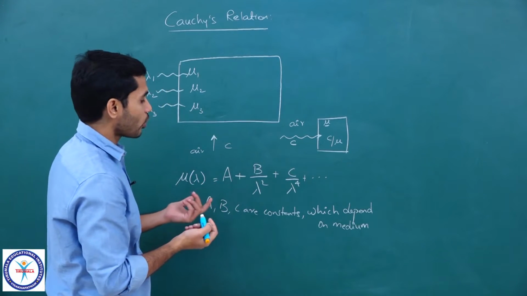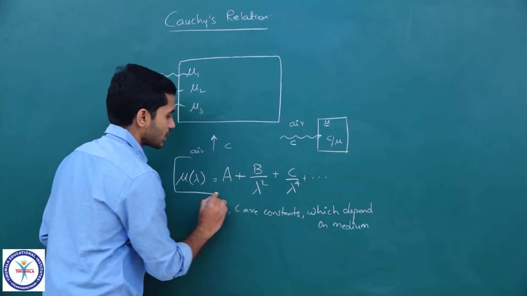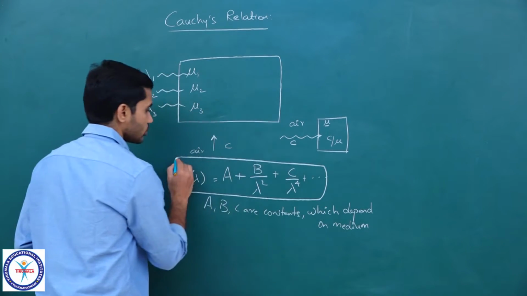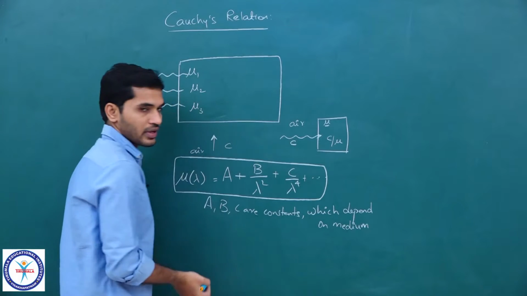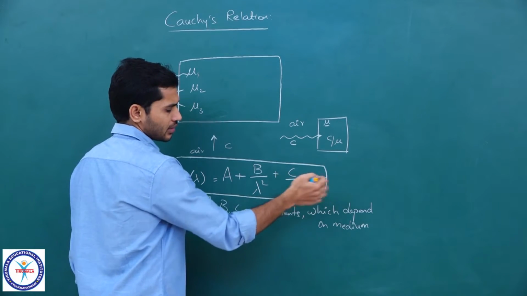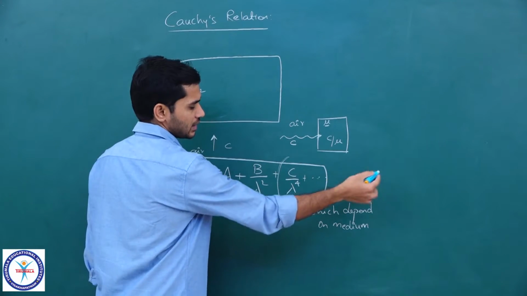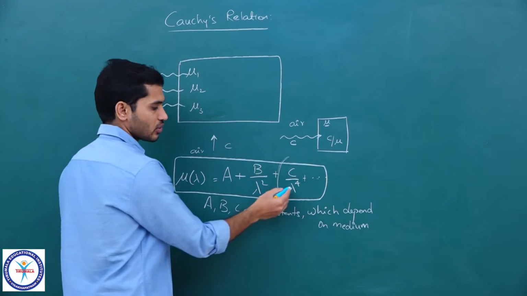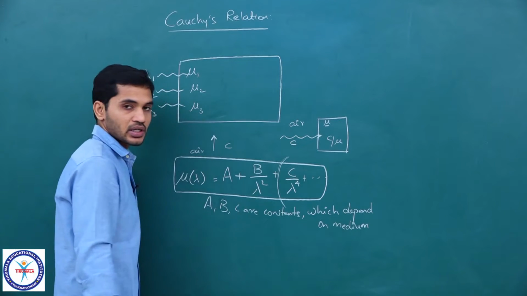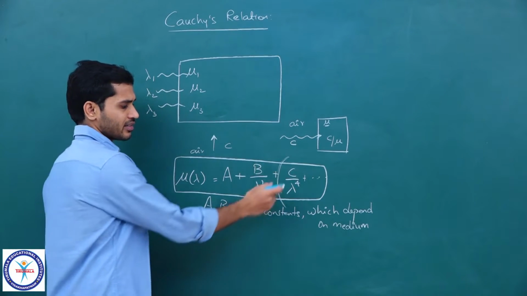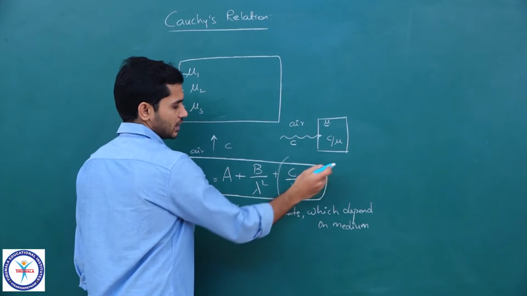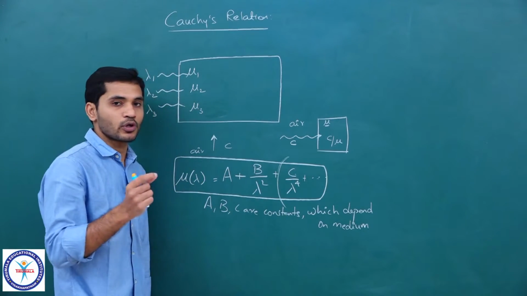If I plot a graph of the expression that I have written here, it goes on like so, but we can neglect the terms after this. The terms with C, D, E can be neglected because the powers become very large and the constants will also be very small.